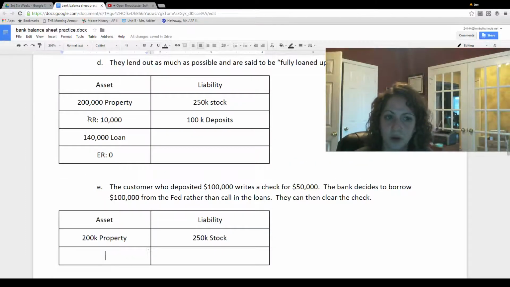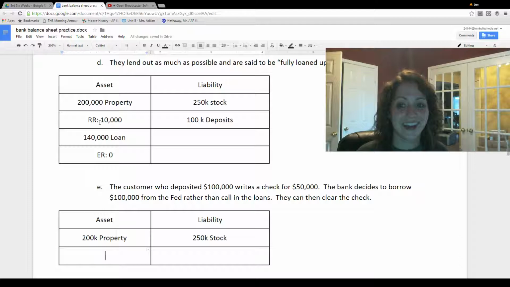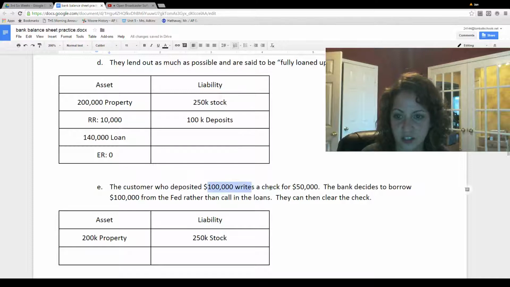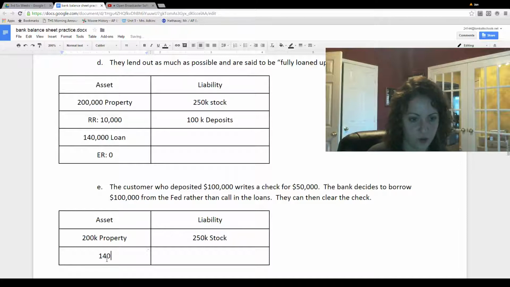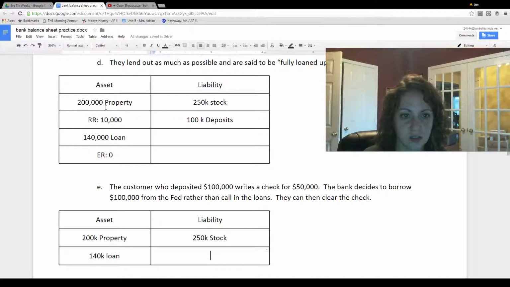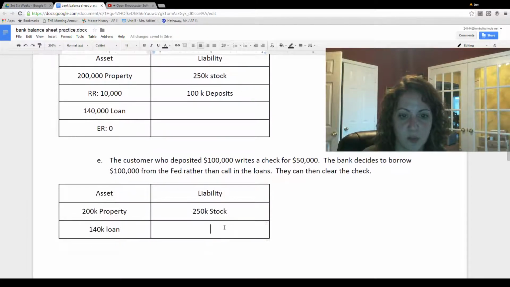We're not going to put reserve requirements on here just yet because I noticed that they're going to change the deposits here on letter E. They're changing the deposits. So we're going to be changing our required reserves as well. Okay, but let's bring down that loan. Let's basically copy and paste that $140,000 loan. That's still on the asset side. Okay, so everything that has not changed, we brought down, but let's talk about what has changed.